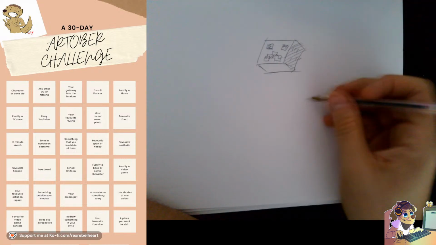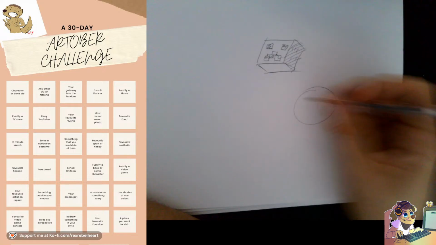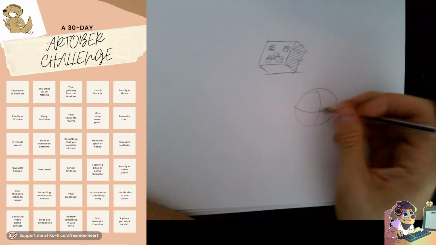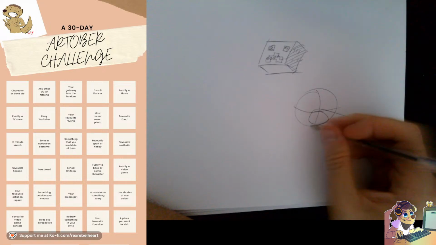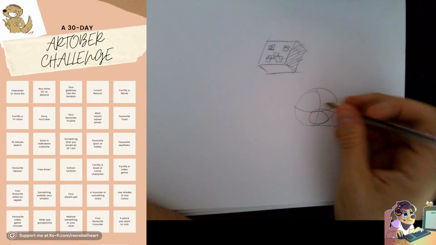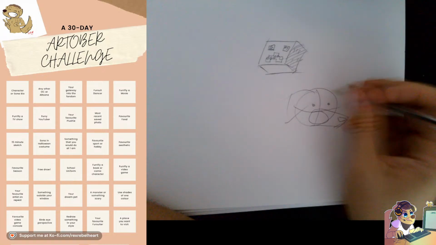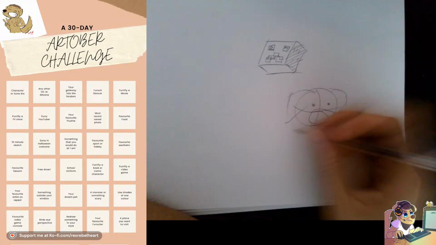But we can just mess around again. I'm just going to play around on the paper for a bit and see what does or doesn't arise.